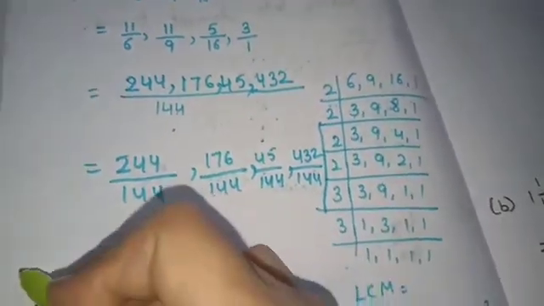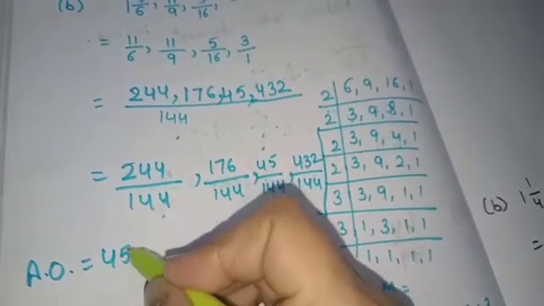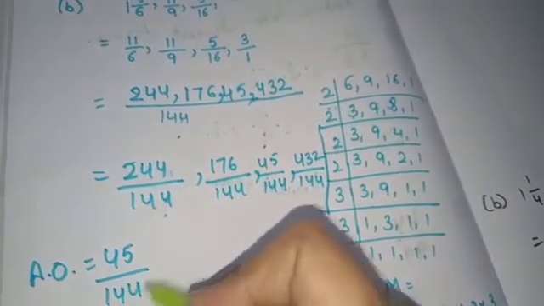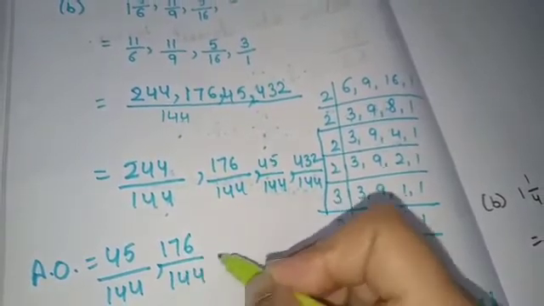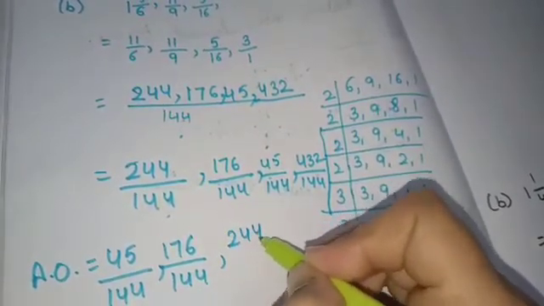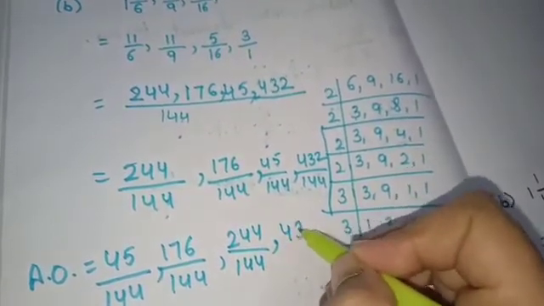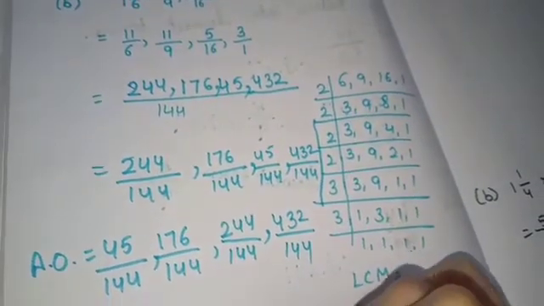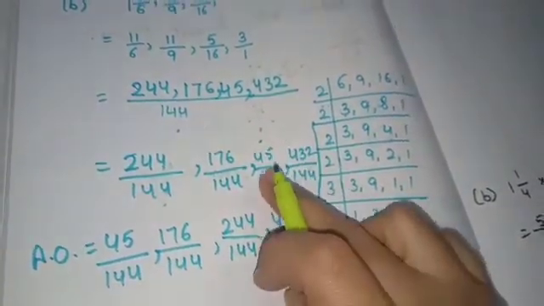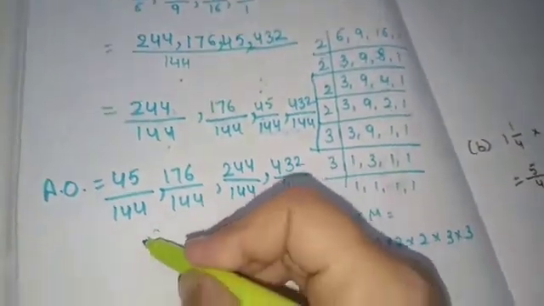Denominators are the same. Which numerator is the smallest? 45. It's 45 by 144. Then 176 by 144, then 244 by 144, then 432 by 144. Okay, so the fraction corresponding to 45 is 5 by 16.